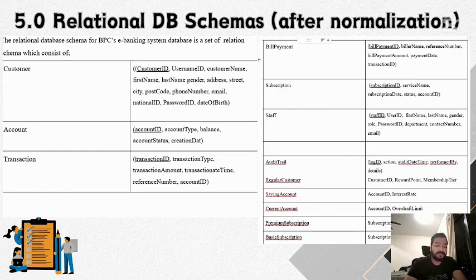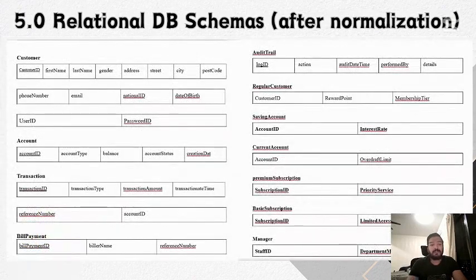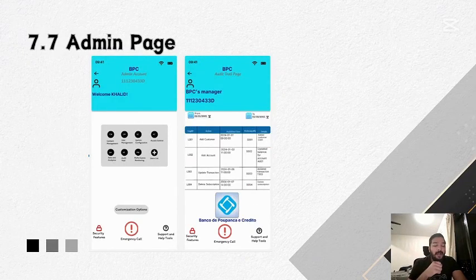So we have the customer table, account table, transaction table, bill payment table, subscription, staff table, and audit trail table. These schemas ensure the database structure supports seamless banking operations while maintaining data accuracy and consistency.